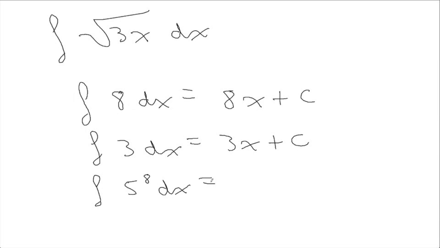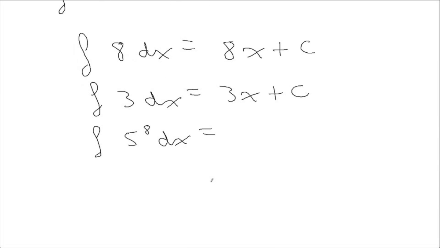What's this? Don't we have to use the chain rule here? Now the key thing is, is 5 a constant or a variable? Constant. And is 8 a constant or a variable?